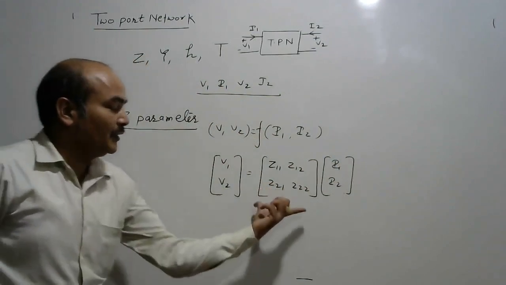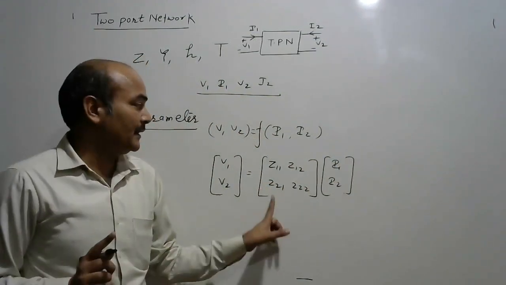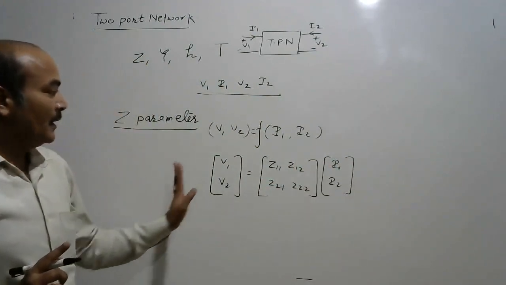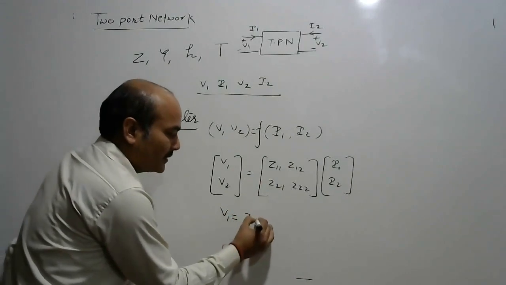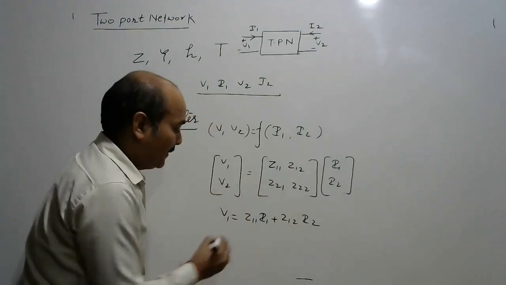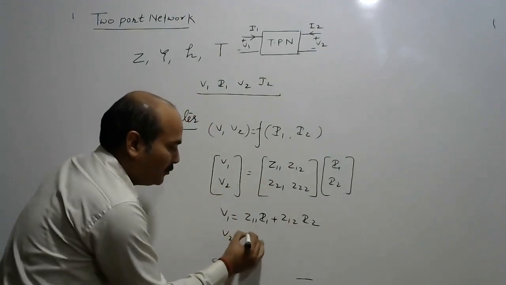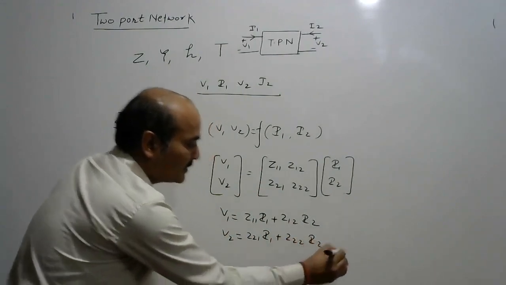These four, Z11, Z12, Z21 and Z22, represent the Z parameters. If we elaborate the equations, V1 is Z11 I1 plus Z12 I2, and V2 equals Z21 I1 plus Z22 I2.